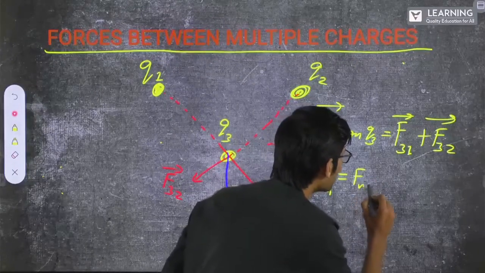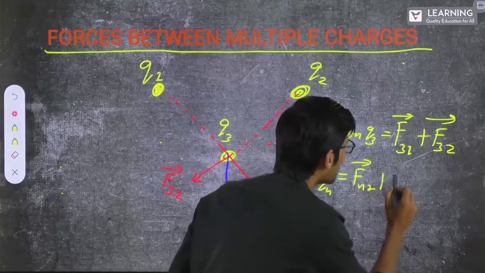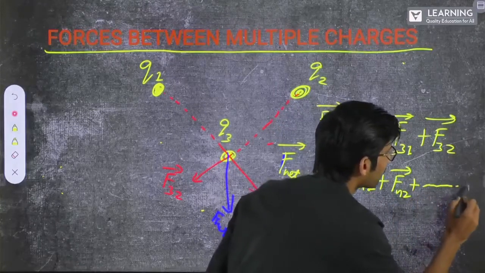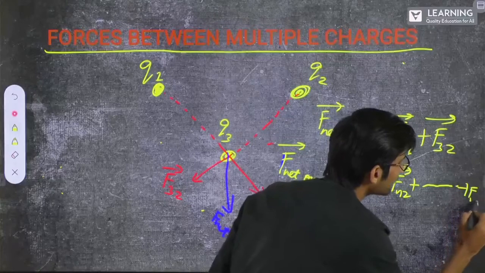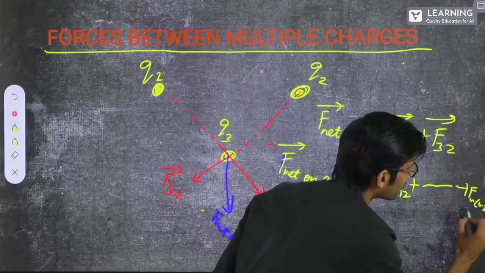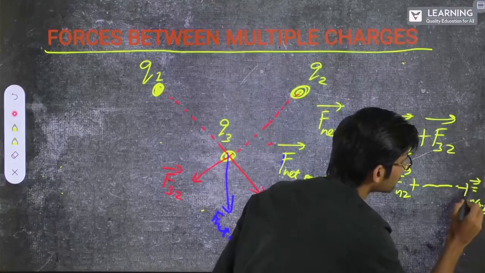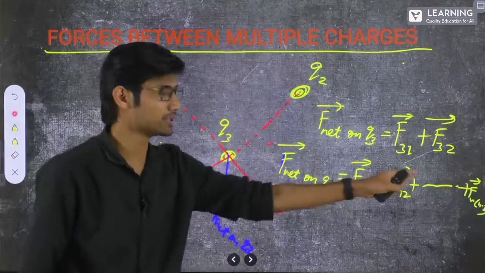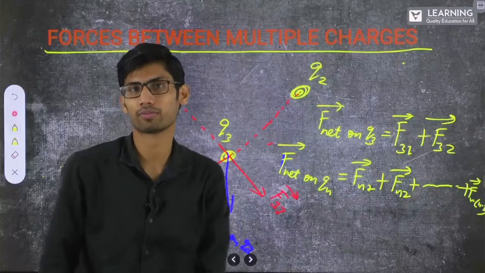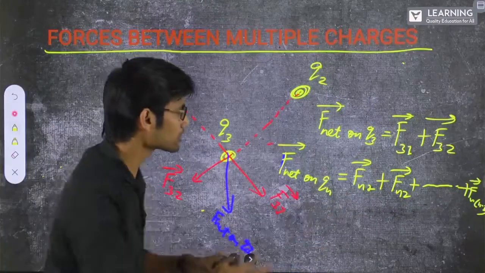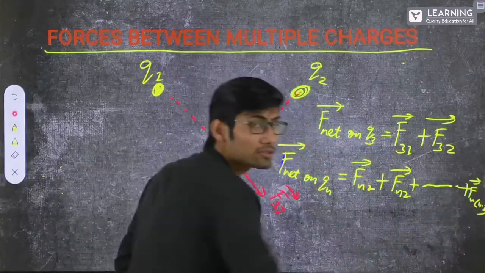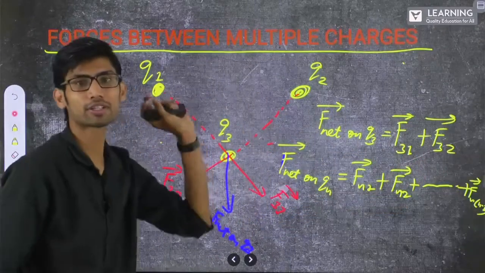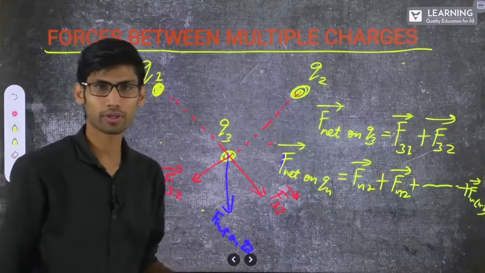Force on n due to 1 plus force on n due to 2, like this, plus force on n due to n minus 1. Clear? Generalized one. Individual forces are these. We are taking the vector sum of all. This force will not be affected by the presence of other charges. The second force will not be affected by the presence of other charges. Okay?